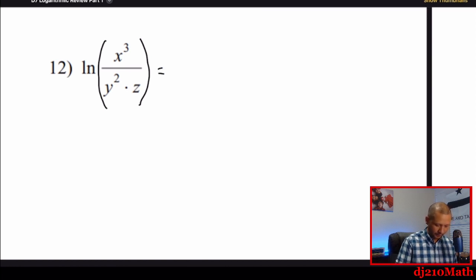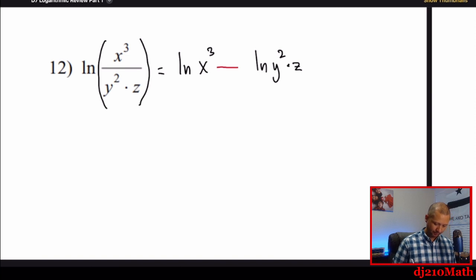So this means natural log of x cubed minus natural log of y squared times z.